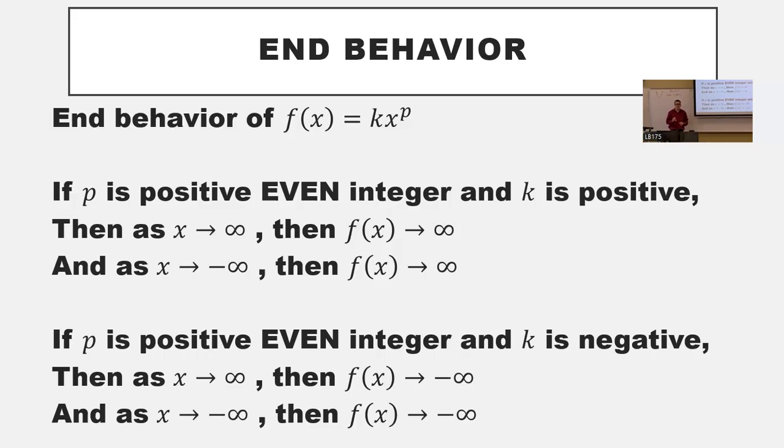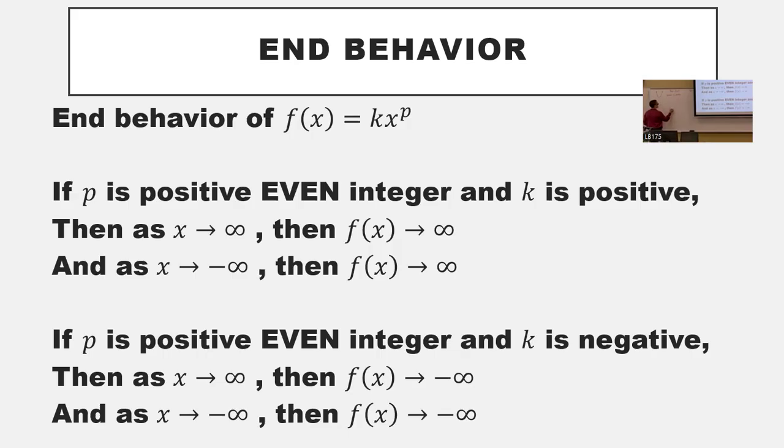If the power is even, but I switch the coefficient from a positive number to a negative number, like if I have negative x squared, or negative x to the fourth, or negative x to the sixth, then we're going to get a parabola shape, maybe flatter at 0 and steeper, depending on what it is.